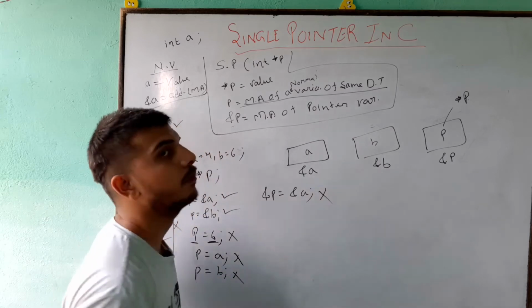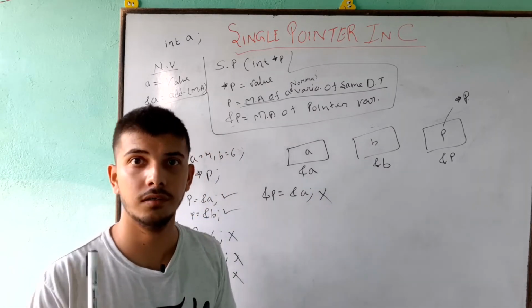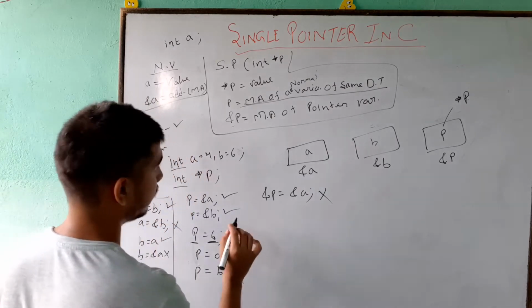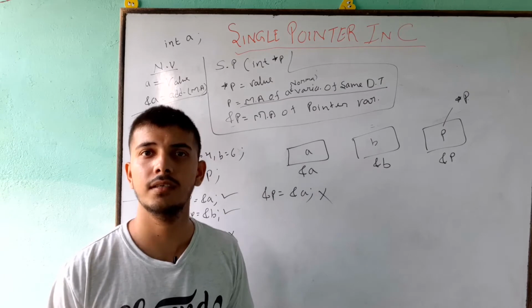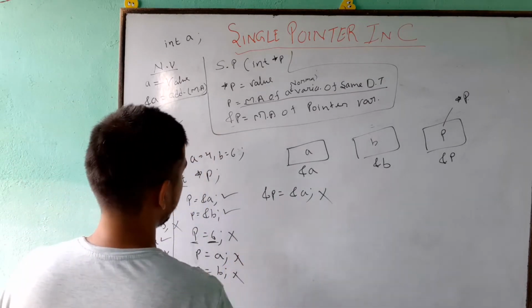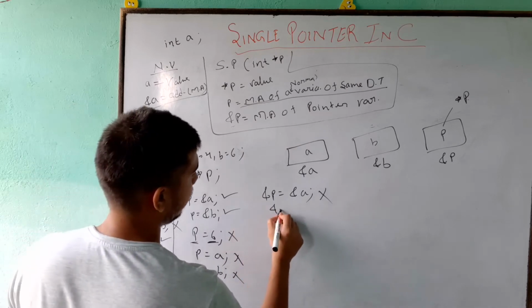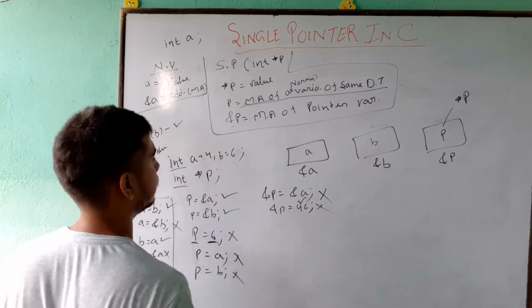Error, because in the previous video we said that the main address can never be altered. It can never change. Whether it is a single pointer, double pointer, or normal variable, the main address will never change. So this will give me an error. Even if I do &p = 46, error, because this is a value and the address can also never change.